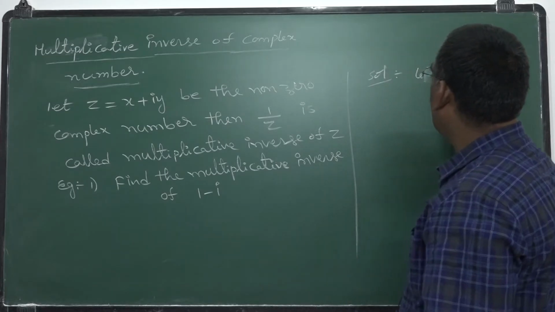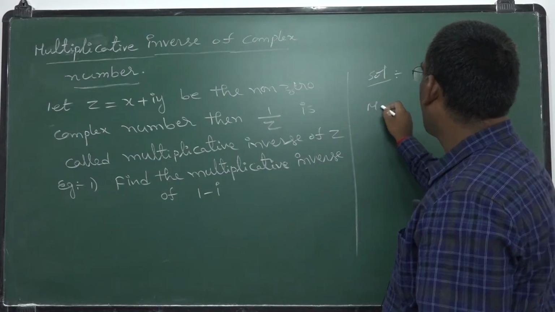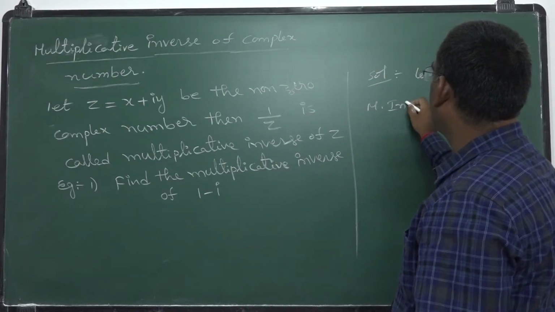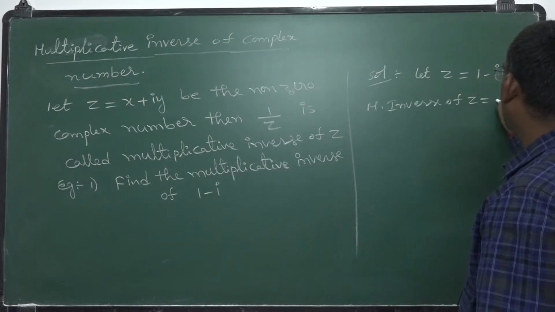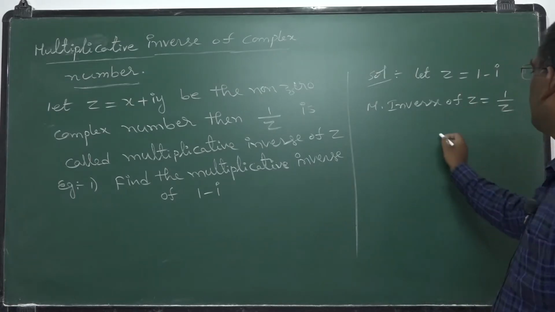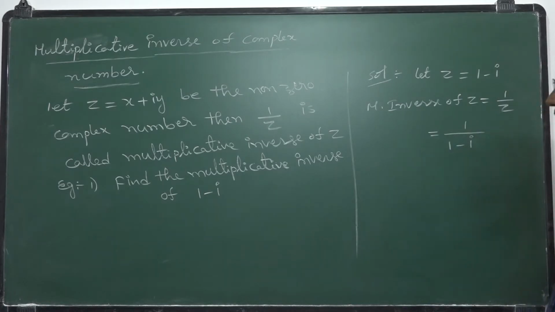Let z equal to 1 minus i. Multiplicative inverse of z is equal to 1 by z. So it will be equal to 1 by 1 minus i. The conjugate of 1 minus i is 1 plus i. Multiplying and dividing with 1 plus i, 1 by 1 minus i into 1 plus i by 1 plus i.